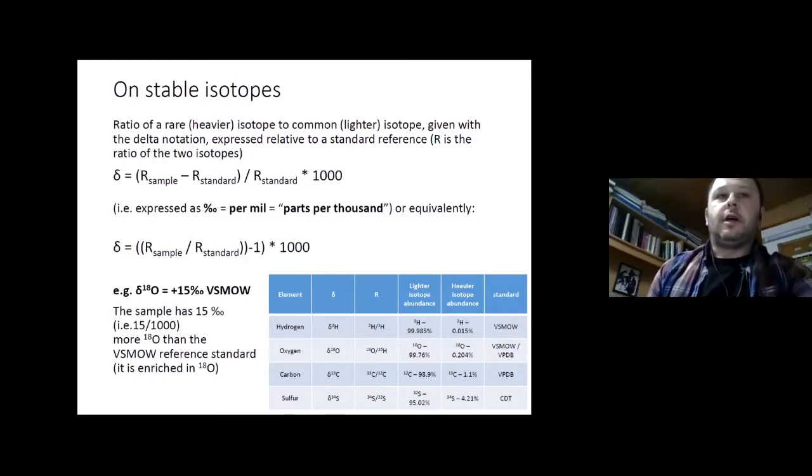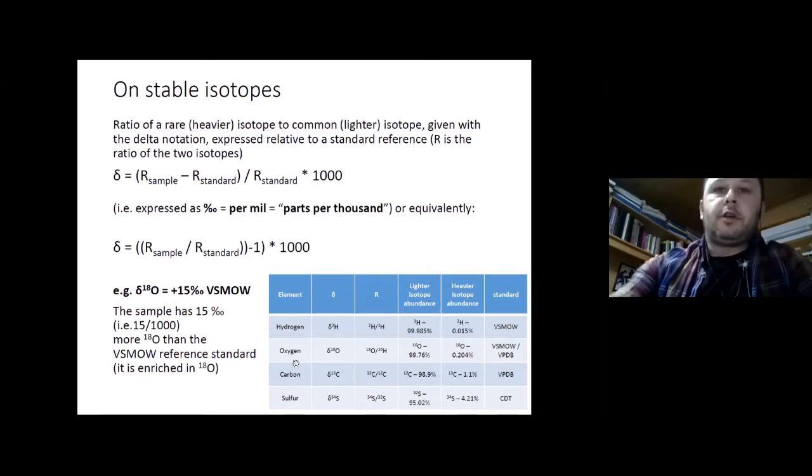So I suppose all of you are aware by now of what we are talking about when we are analyzing or studying the stable isotope composition of certain compounds. We express them as a ratio of the heavier, which is the rarer isotope, to the more common, lighter isotope.